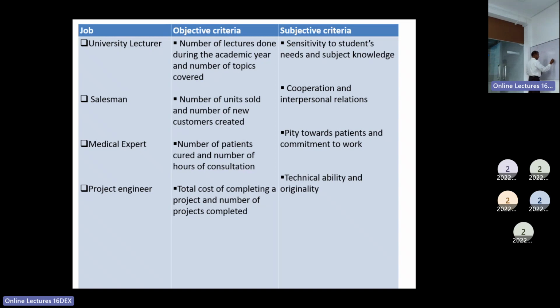If it is 61 to 80, we call it average. If it is 41 to 60, we call it poor. If it is less than 40, we call it very poor.